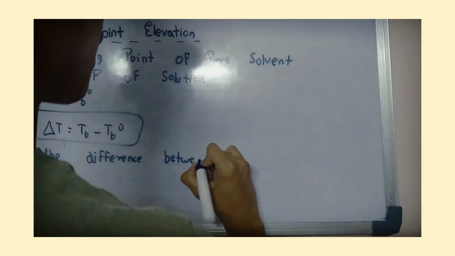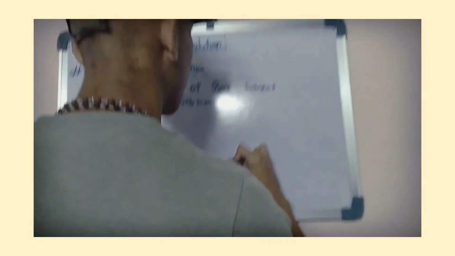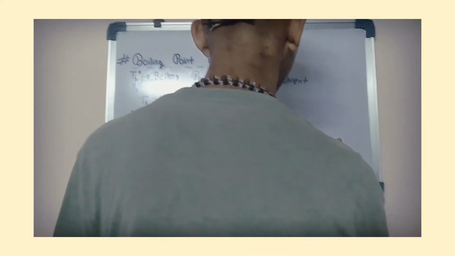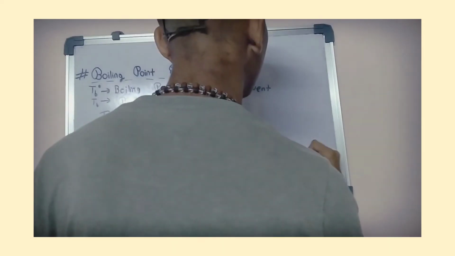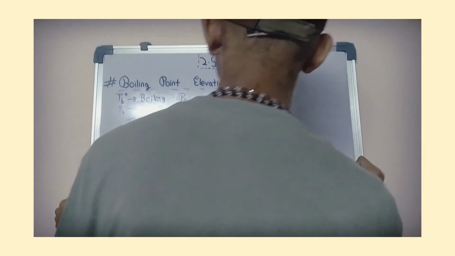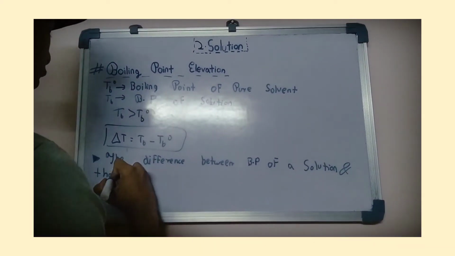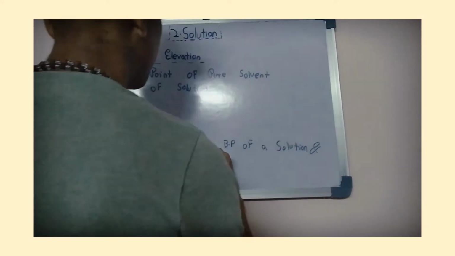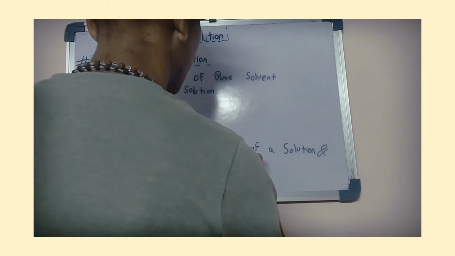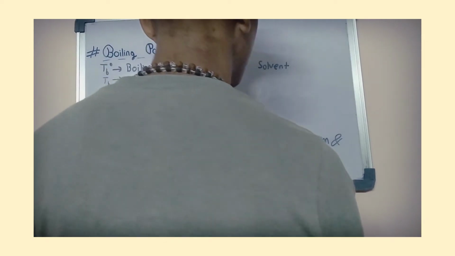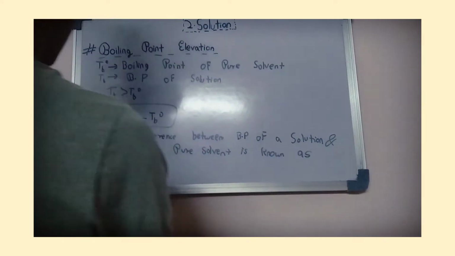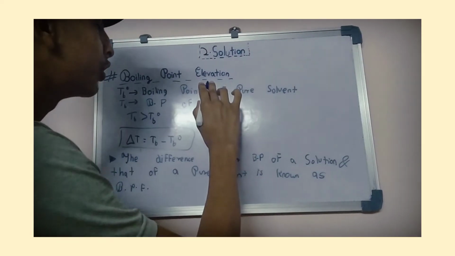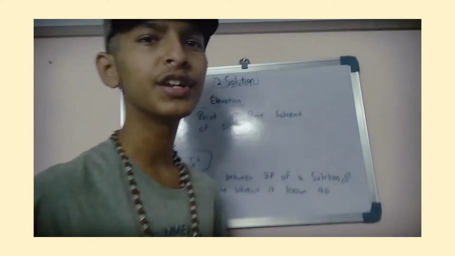The difference between the boiling point of a solution and that of a pure solvent is known as boiling point elevation. Now we have understood boiling point elevation, and now we will study one more concept.